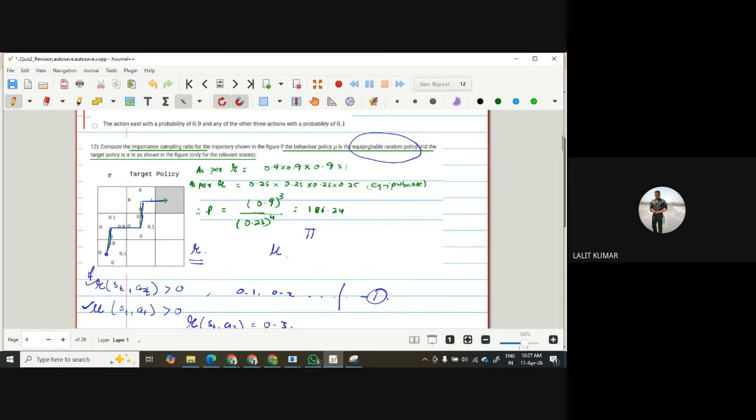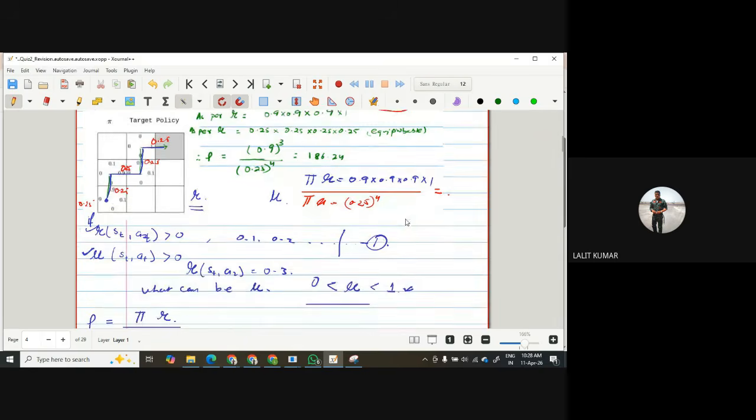So the product of pi is equal to 0.9 into 0.9 into 0.9 into 1. Now when we consider mu, they have said the equiprobable random policy. So for mu this will be 0.25, 0.25, 0.25, 0.25 and 0.25. So the denominator, the product of mu, is equal to 0.25 to the power 4. And when we do this, we get an answer. Okay. So that is how to solve it.